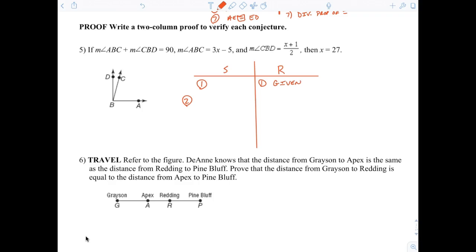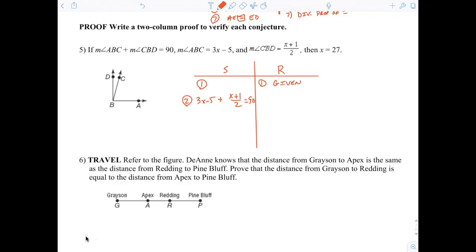Go ahead. 3x minus 5 plus x plus 1 over 2. And that'll be the definition. No, wait a minute now. What are we just doing on that, buddy? Or no, substitution. Yeah, substitution, right. Is everybody good with that?